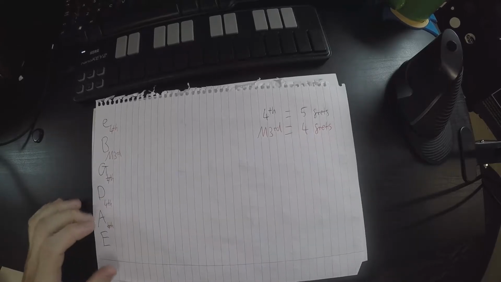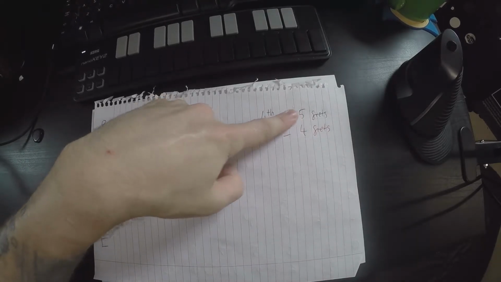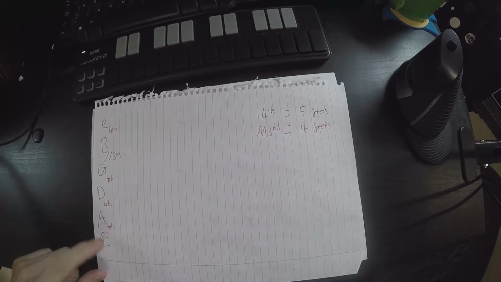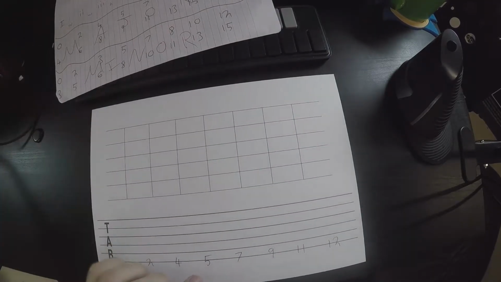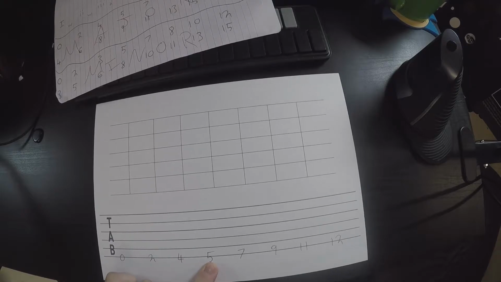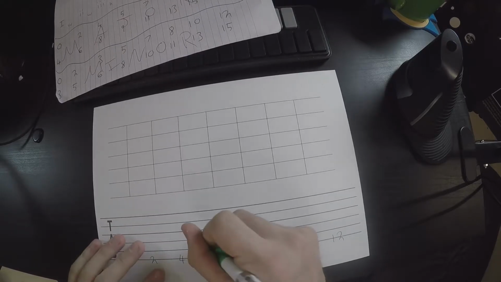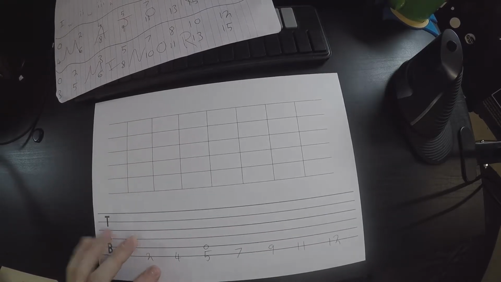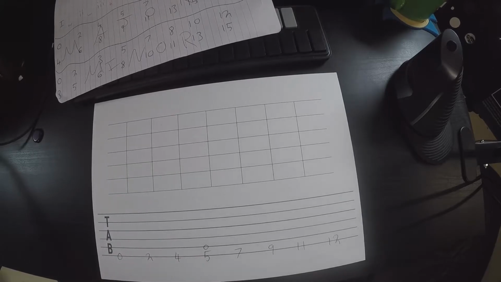What we said was that there's a 5 fret difference between every string, which means if we play the 5th fret on the E string, that should be the same as the open A string because they're 5 frets away. So I can do that. I can write a 0 here because they're going to be the same note.